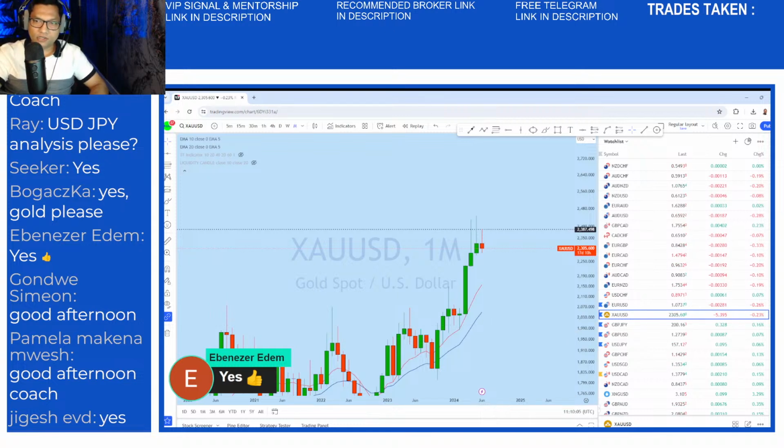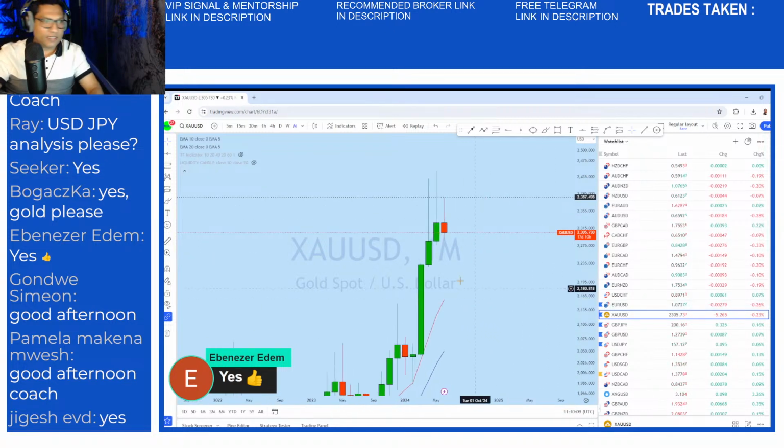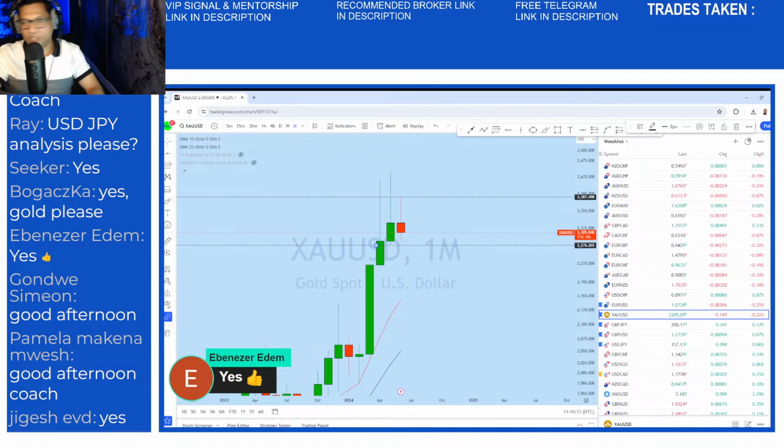Do you think, guys, gold is going to drop to the support level? I want to see that. This is the monthly support, and I want to see how many of you think that gold will break this monthly support, using a poll. So let's start a poll.